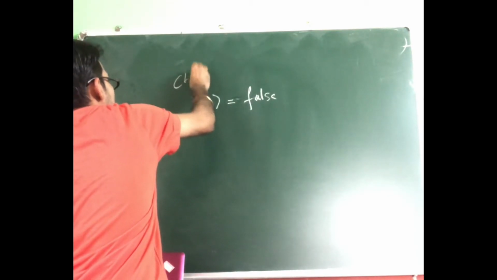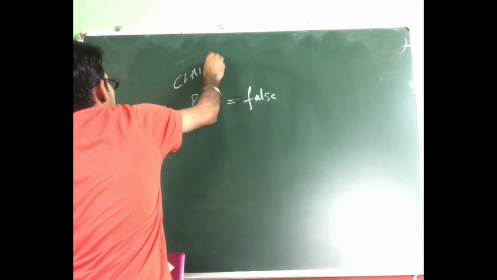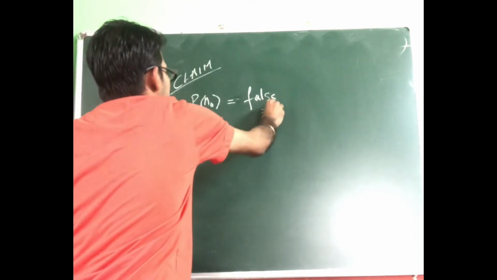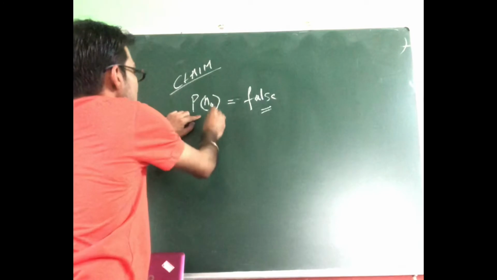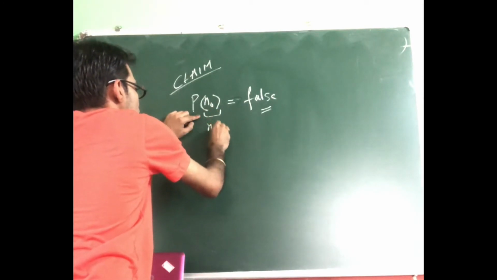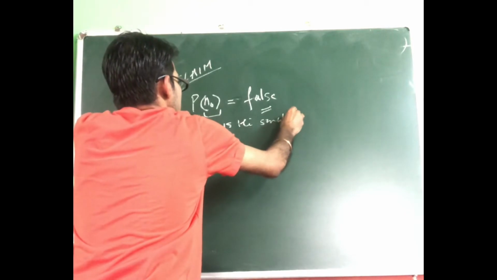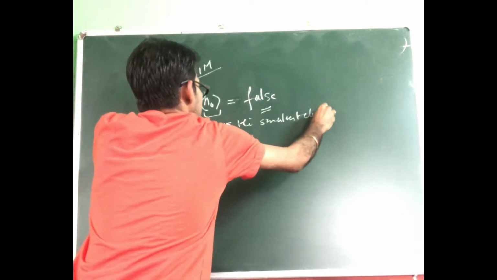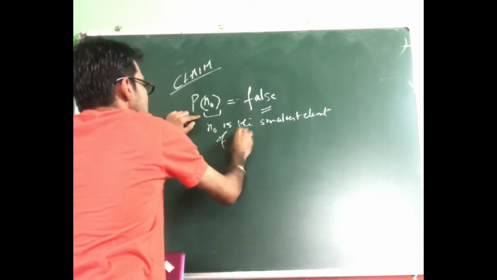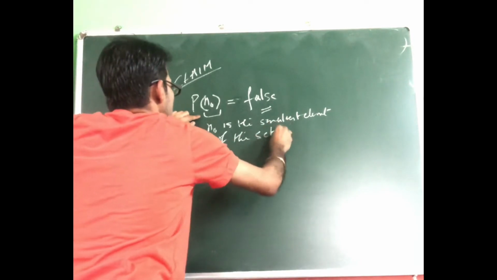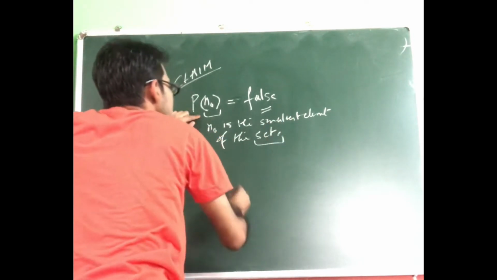Let's say I'm writing it, we claim it. So this is the smallest element, n0 is the smallest element of the set. And which set is this?